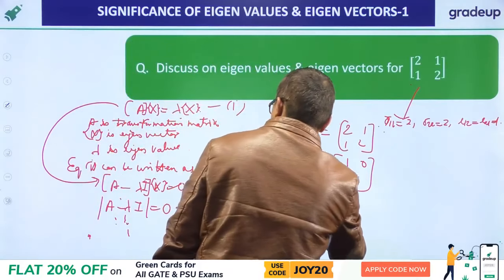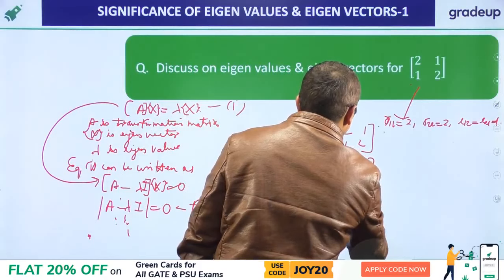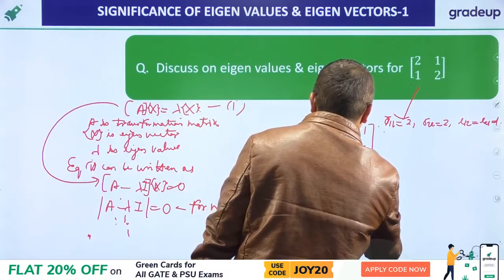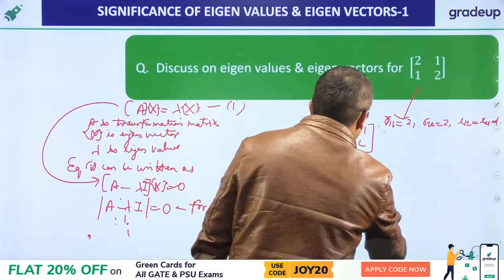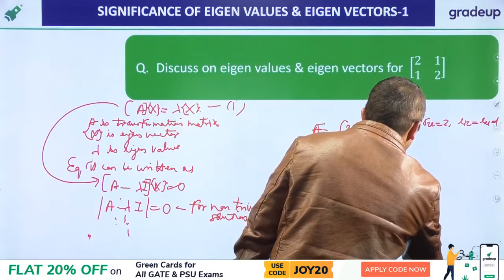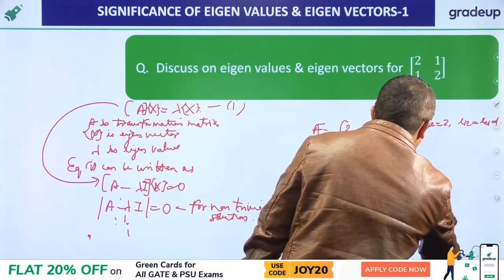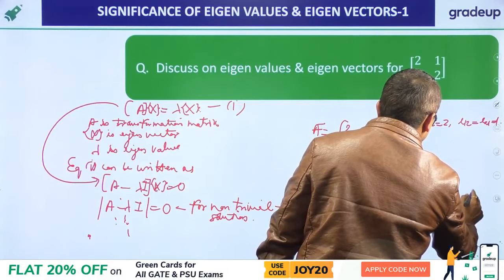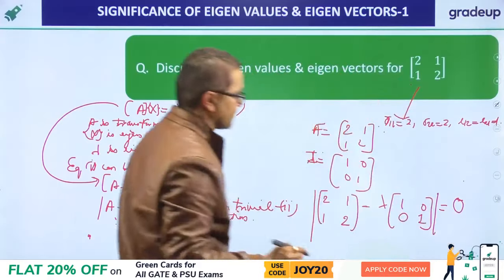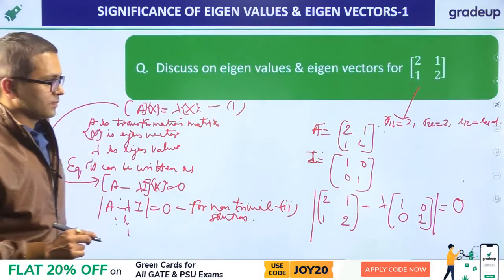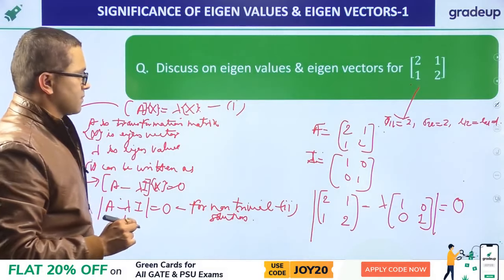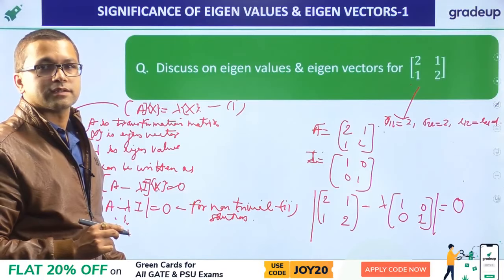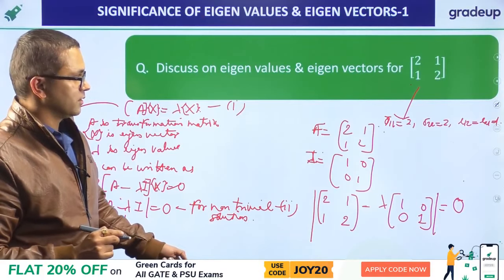Mod of the matrix 2 1 1 2 minus lambda times 1 0 0 1 equals 0.